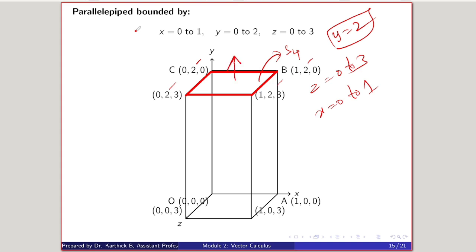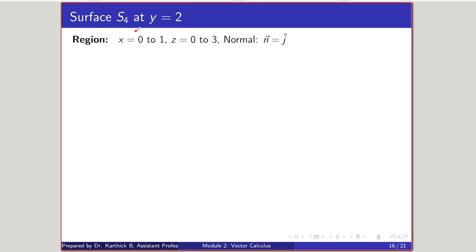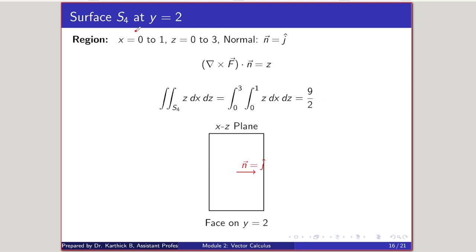This will be parallel to y, y represents the j vector, so plus j vector. That's all. Then as usual, you just take the gradient F vector into the normal, then you will get z, because the j vector will be 1, and then go for the double integral, then you will get the value 9 by 2. Then at last this will be the graph on the xz plane when y equal to 2.